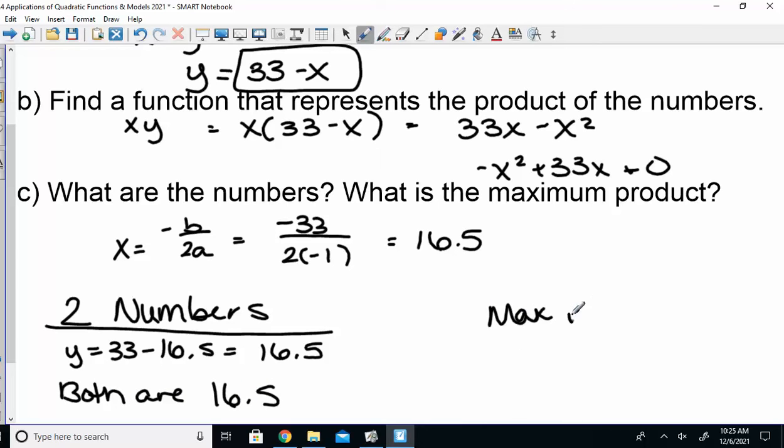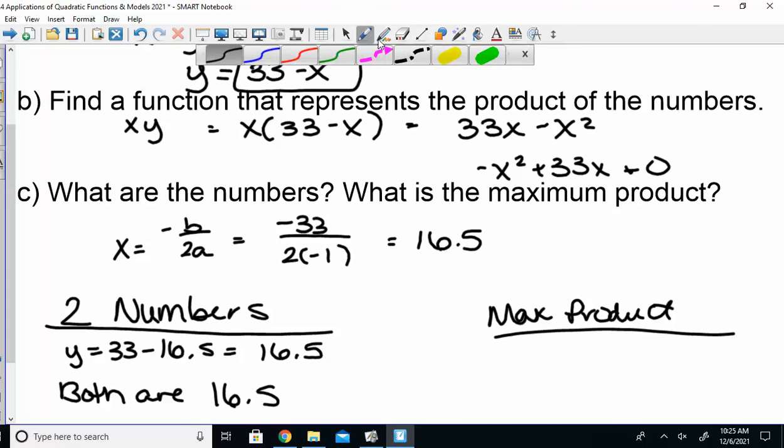And then I asked you the maximum product. How could I find that? Everybody with me? How am I going to find the product? Plug in your input x.